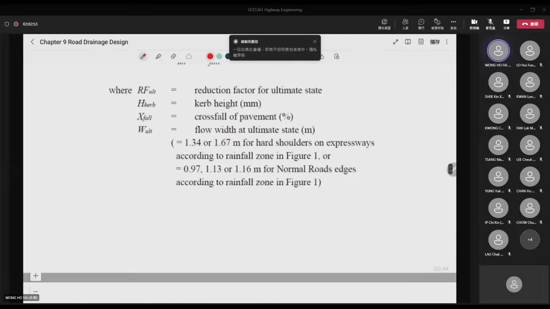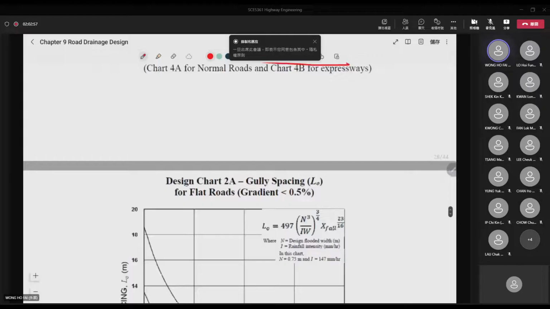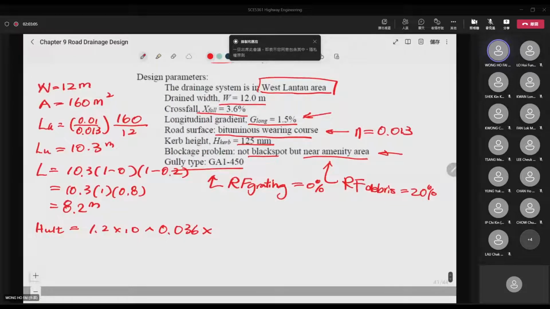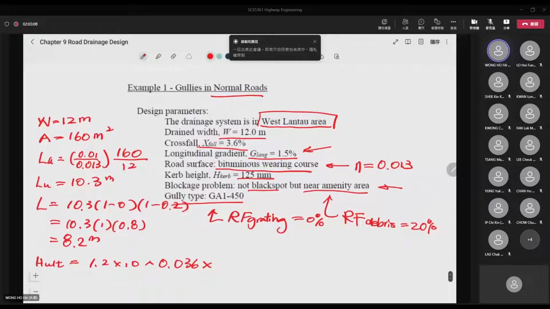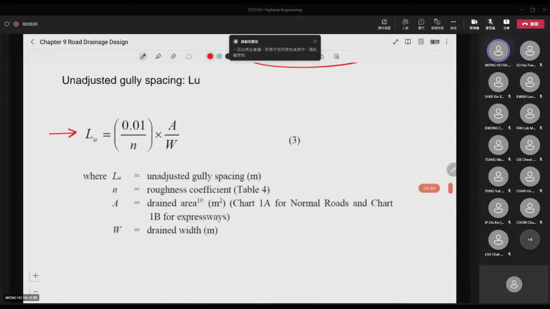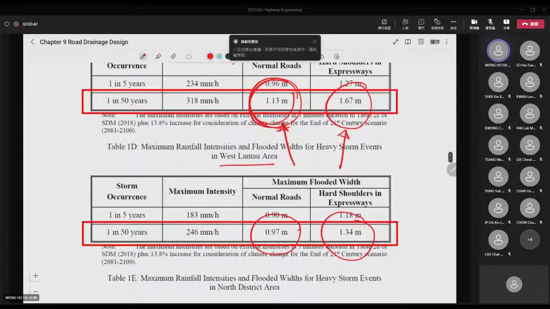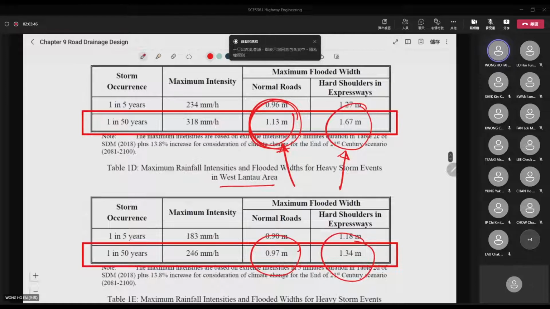So it is 1.13. Sorry, it is 3.6. And then this one is 1.37. West Lantau is 1.13.